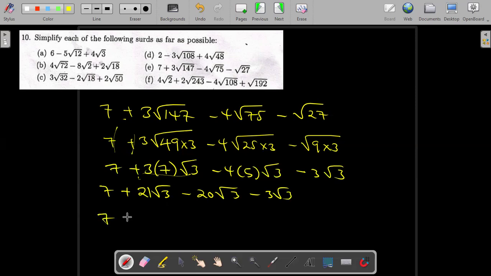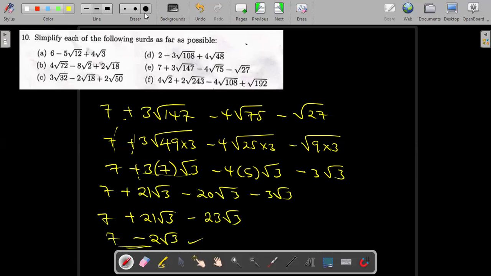So this will be plus 21 root 3. If I consider this part that has the negatives, that gives me negative 23 root 3. And adding these two here, I just get 2. So that would be 7. It will be negative 2 root 3. And that is going to be my answer.